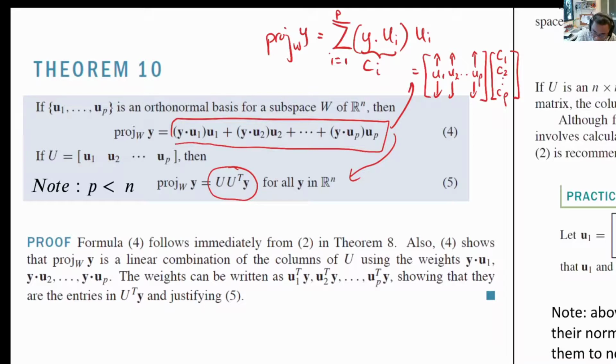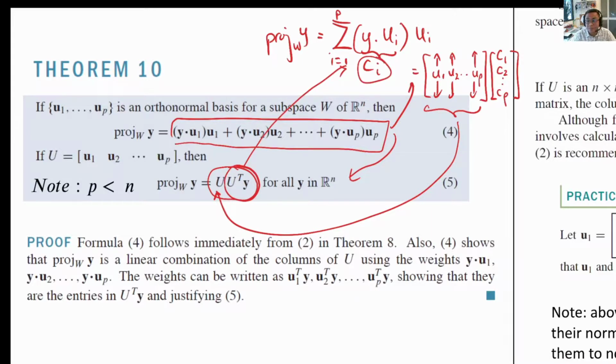Now let us figure out how to write equation 5. This term here, u transpose y, is actually this expression here calculating ci. How do I know this?